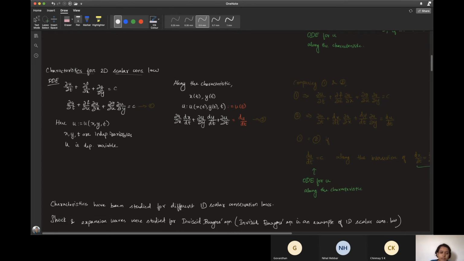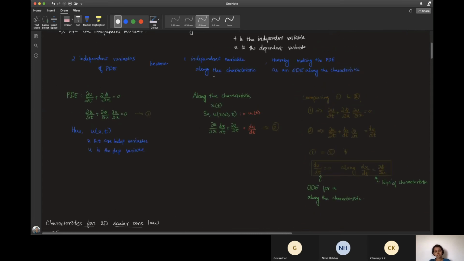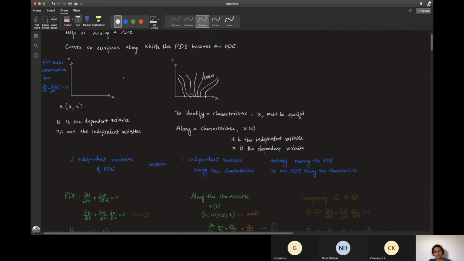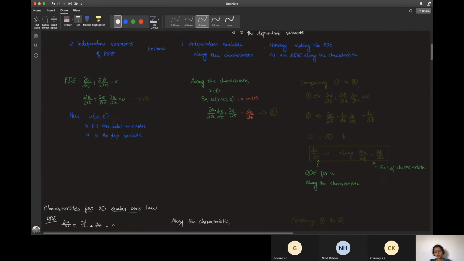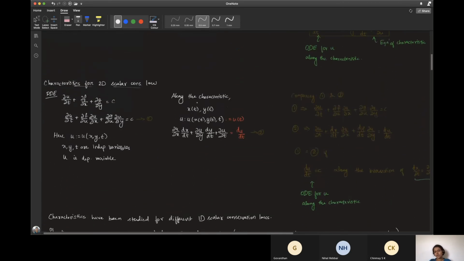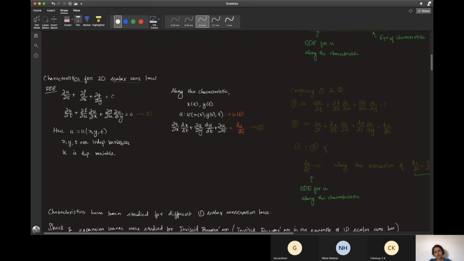The source term is a function of all three variables x, y, and t. Here you have three independent variables and one dependent variable. And along the characteristic, the same way as in the one-dimensional case, where we said x is a function of t, here both x and y are functions of t, and you can write u as u of x of t comma y of t comma t.